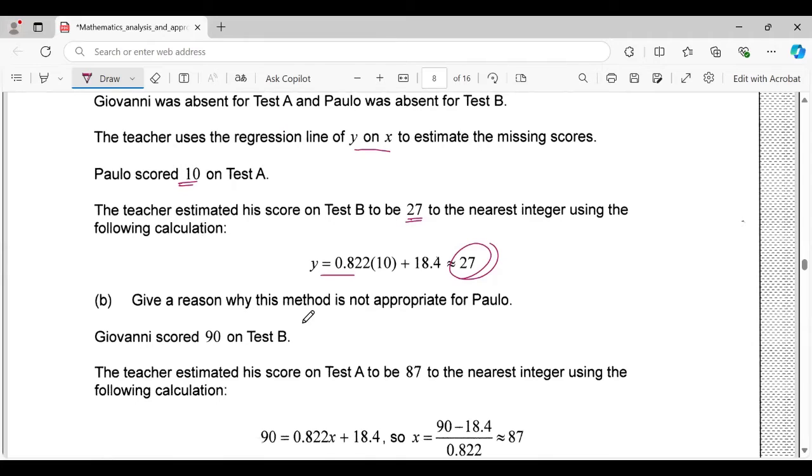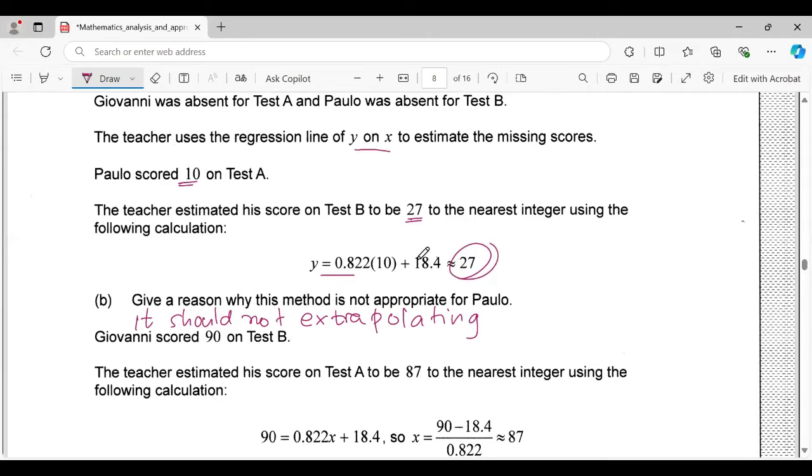Next, give a reason why this method is not appropriate for Paulo. Okay, it's not appropriate because it should not extrapolate.